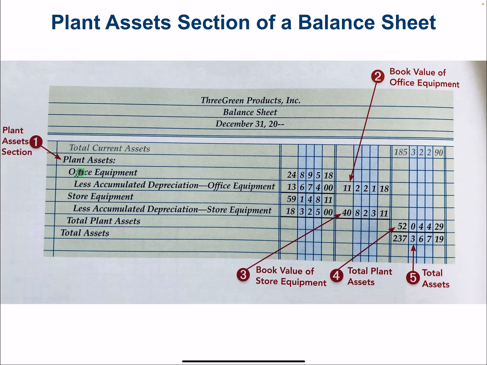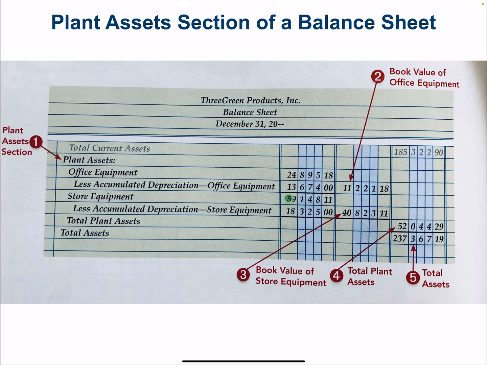And remember, these are not the true values because they depreciate over time. So in this first column, we will write our balance for our office equipment, less accumulated depreciation. We draw the single line and then we subtract and we put the total value of our office equipment in the second column. Remember, you will be getting these balances all from your adjusted trial balance.